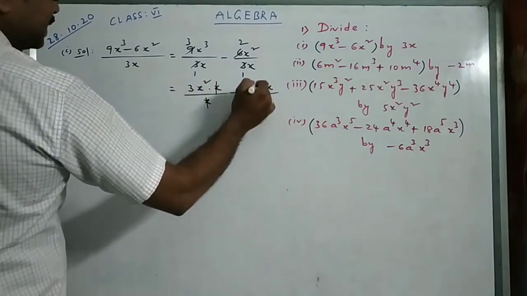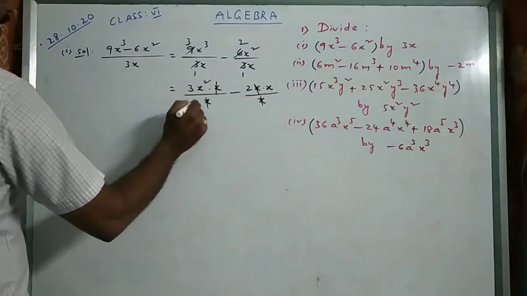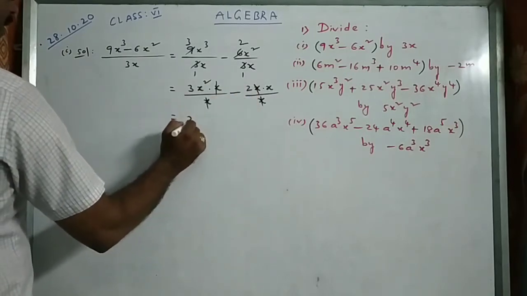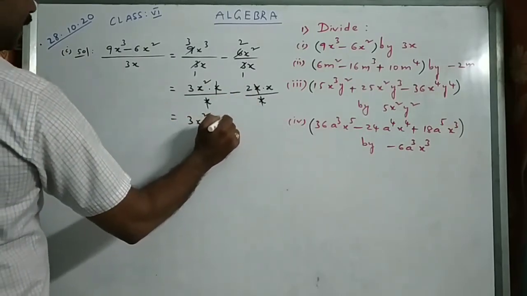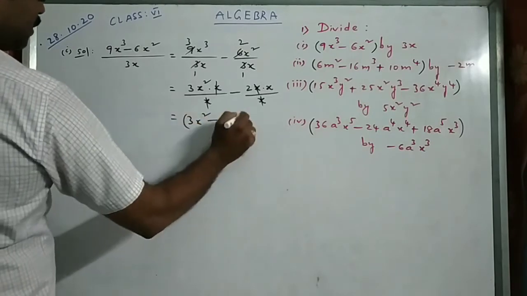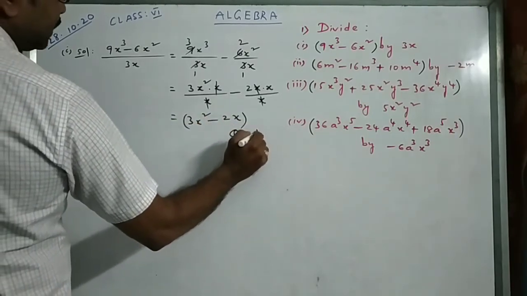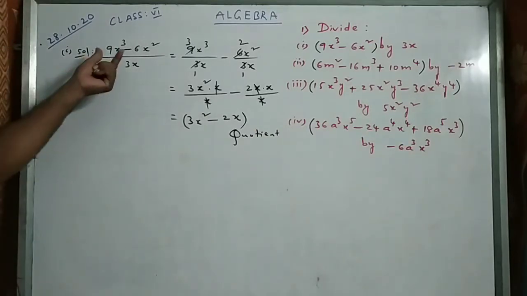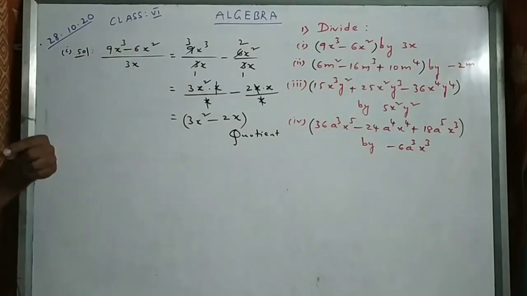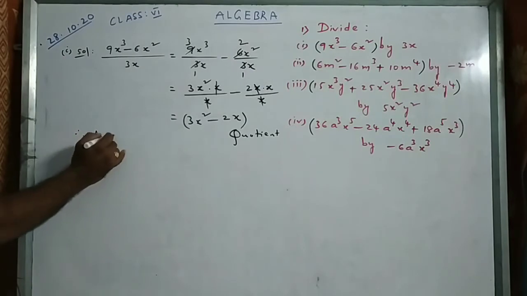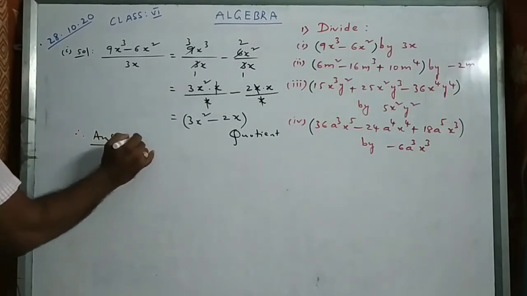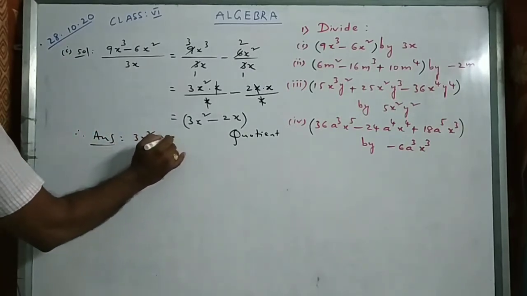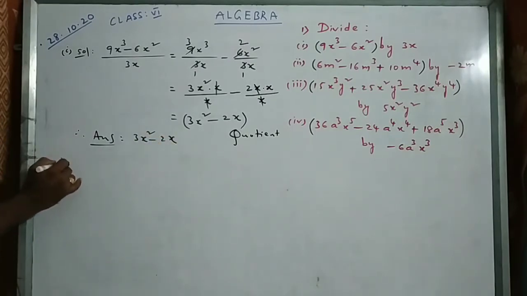X cancel, x cancel. So what is the quotient here? 3x square minus 2x. This is called quotient. Remainder 0. Dividend is 9x cube minus 6x square and divisor is 3x. Okay? So answer is 3x square minus 2x.